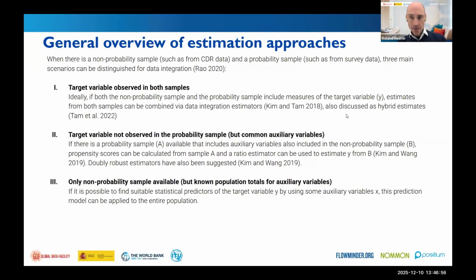If you have a measure of the target variable, y, and again, assuming that you have a very similar operationalization of that measure, these estimates from both samples can be combined via a data integration estimator, sometimes also referred to as a hybrid estimate.